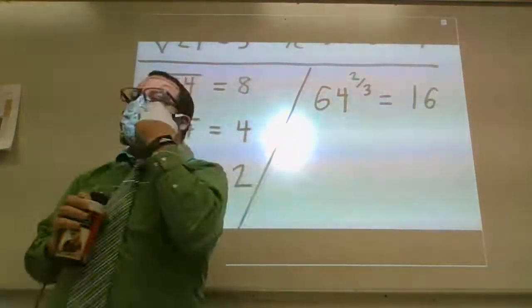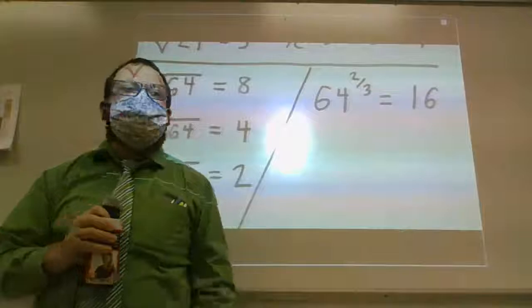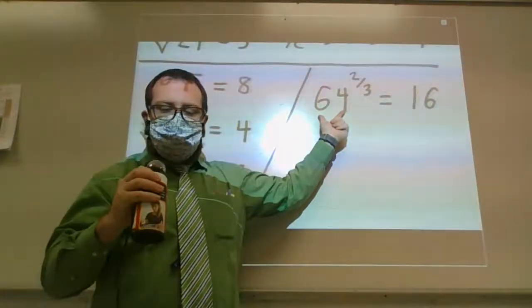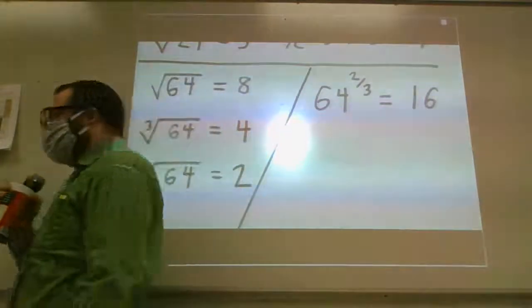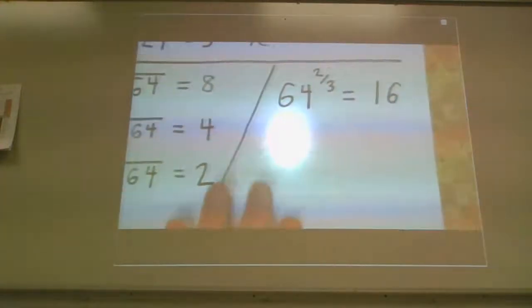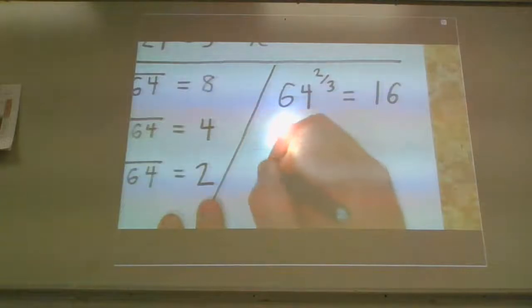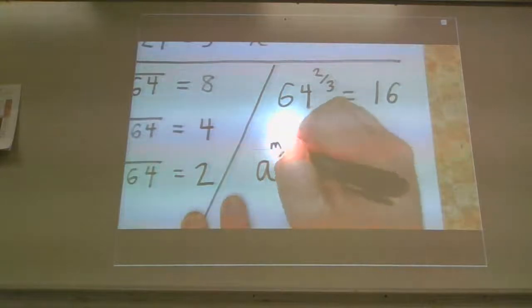This calculation is actually asking you to perform 64 to the 2/3 power, meaning cube root it, then square it. That's what it's actually asking you to do. Here's a definition that I got to have you write down. Check this out. A to the m over n power.